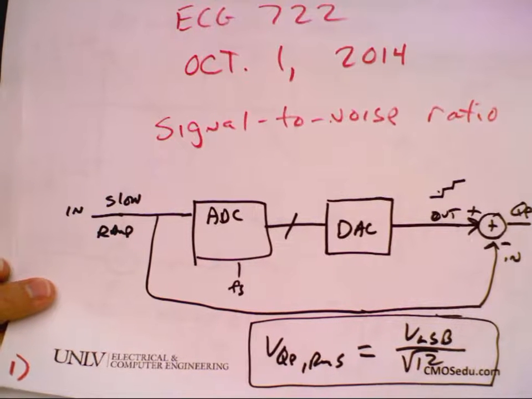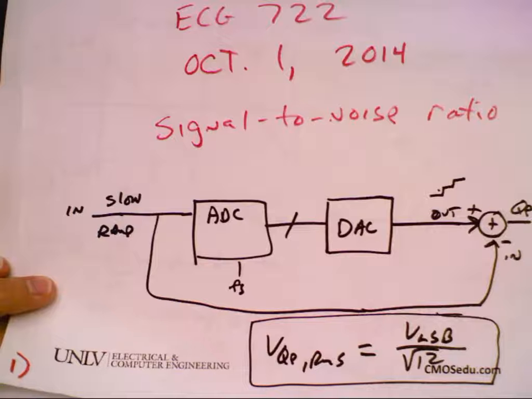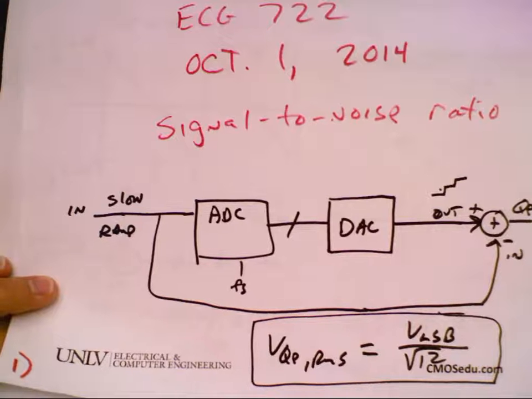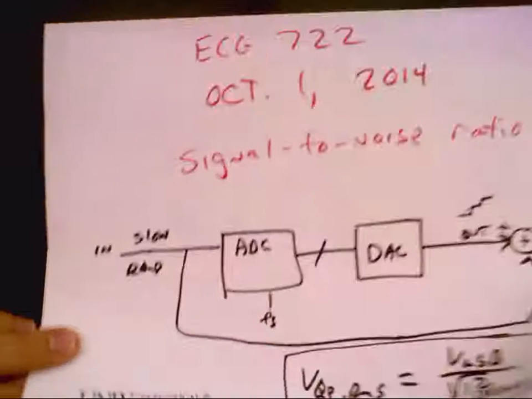Okay, so before I talk about how this varies with time, or what the spectral characteristics look like, I'm going to talk about effective number of bits. Question? Yeah, so does that VLSB over square root of 12 tell you how much of your signal's lost to noise? No, it just tells you the RMS value of noise you're adding to your input.